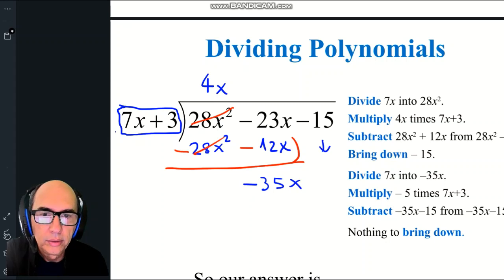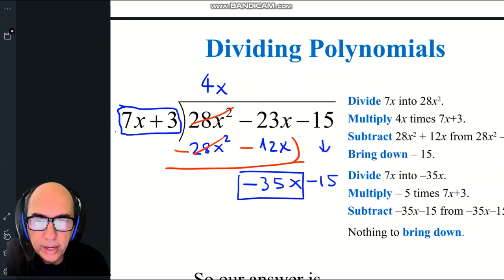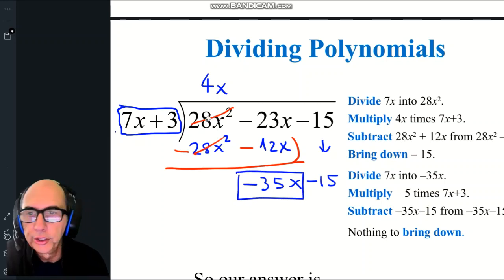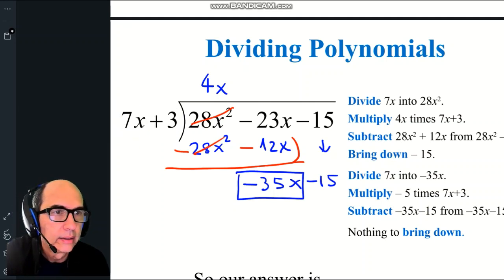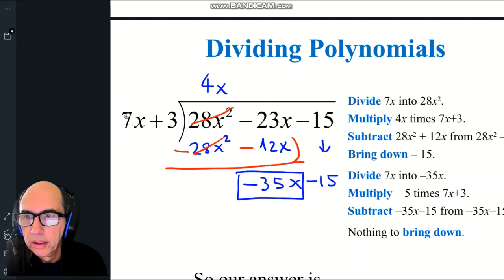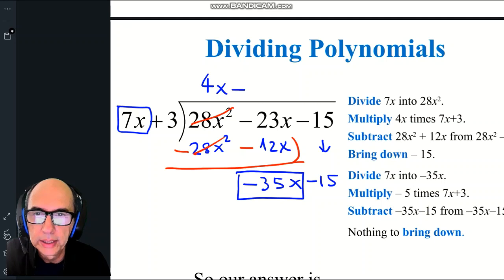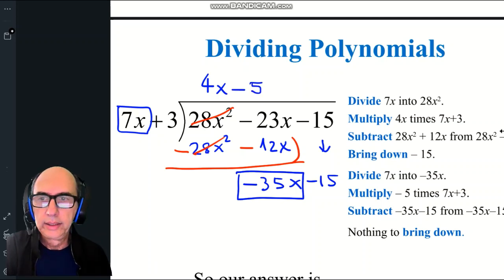Bring down negative 15. Divide negative 35x by just the first term, 7x. What's it going to be? Negative 35 divided by 7, negative 5. x divided by x cancel out.